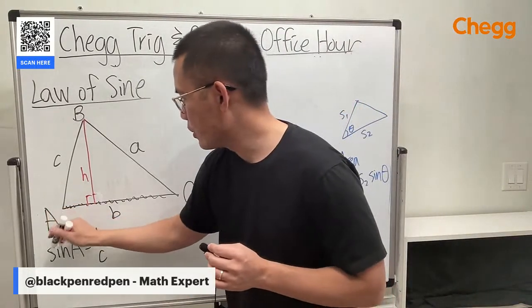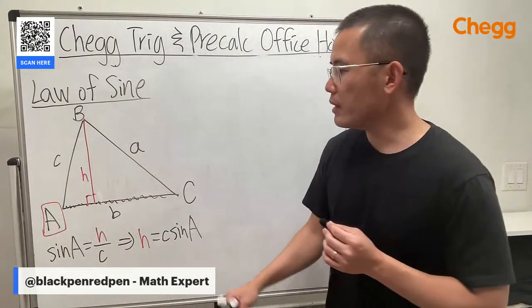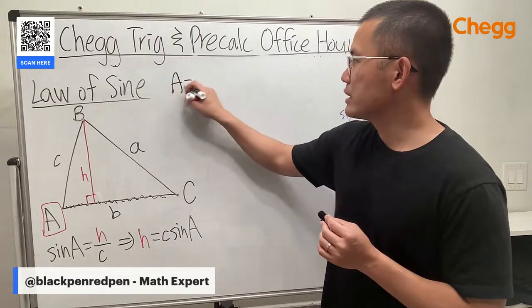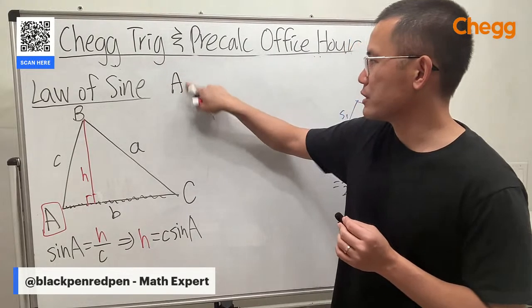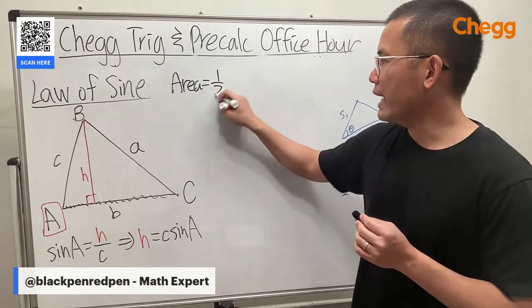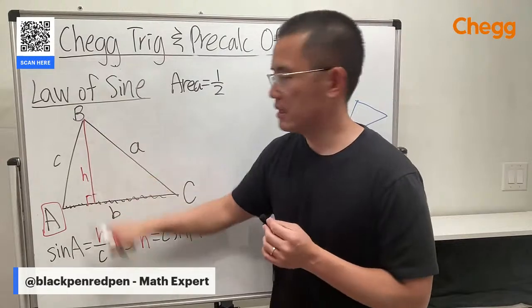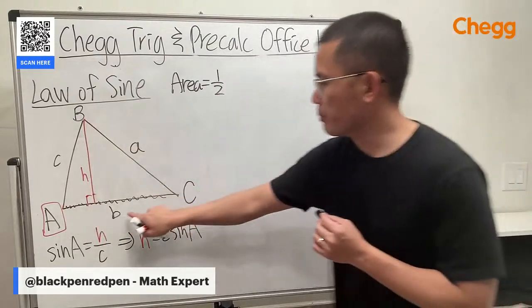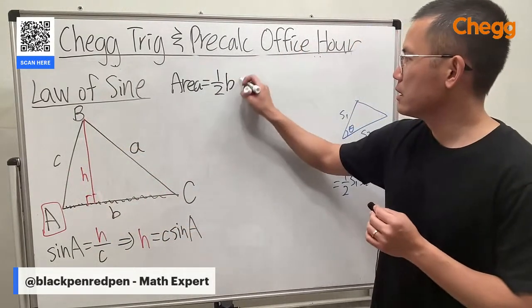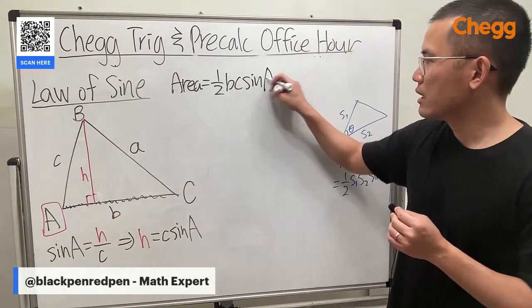Okay. Now, I proved that right here, and here we are going to do the following. If we take this angle for our consideration, and look at that angle, the area, just like what we went over earlier, I'm going to spell that out. This is equal to 1/2 the adjacent sides. Ignore the height. The adjacent sides multiply. So b times c, and then times the sine of the angle A. That's the area.